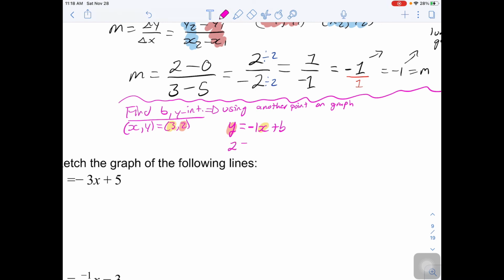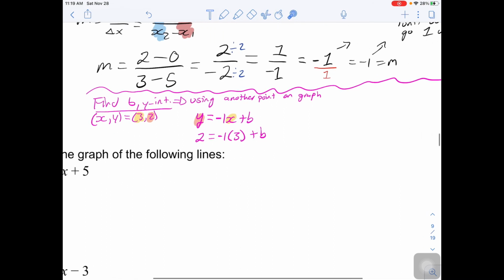So this will be 2 equals -1 times 3 plus b. I have now substituted a coordinate point into my equation, and now you can see I'm simply solving for a variable. So -1 times 3 gives me -3, so 2 equals -3 plus b.